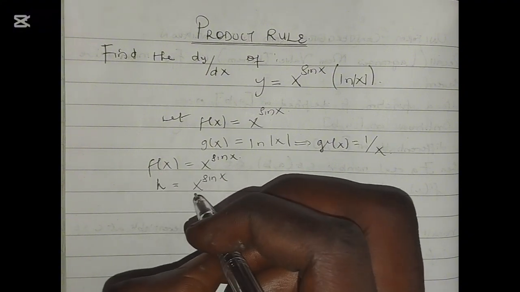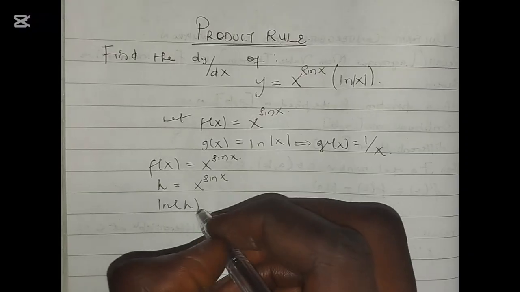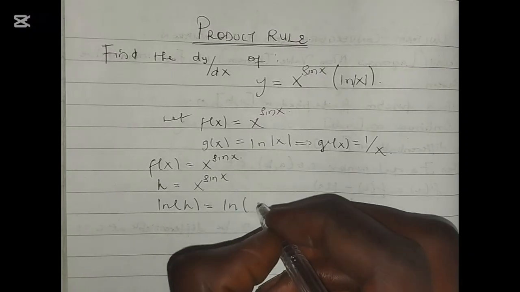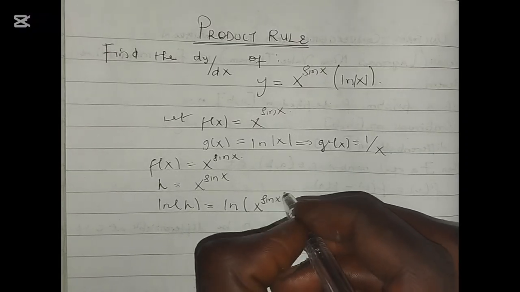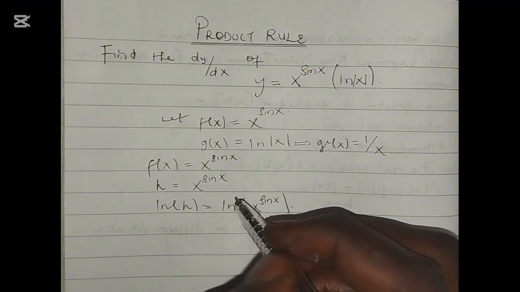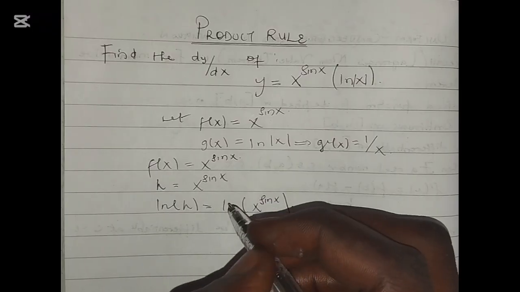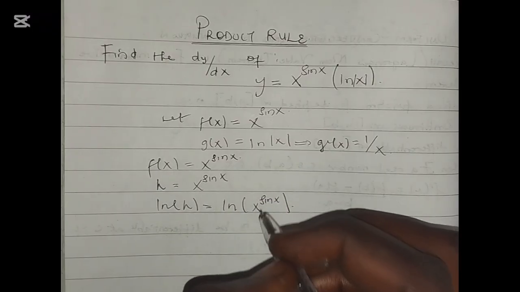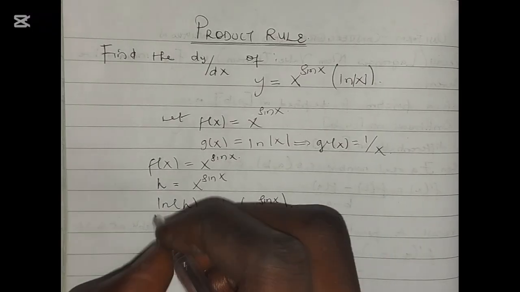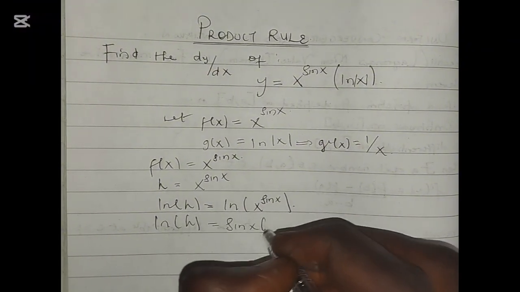So now taking ln of both sides, we have ln h is equal to ln x to the sine x, and by the property of logarithm, the power can come in front to become sine x ln x. So here we have ln h is equal to sine x ln x.